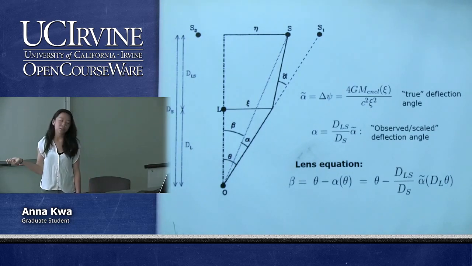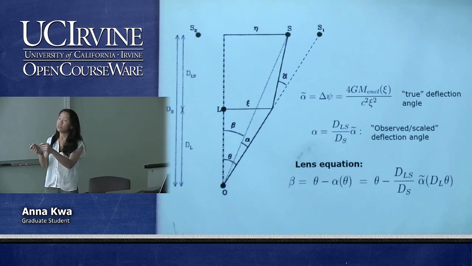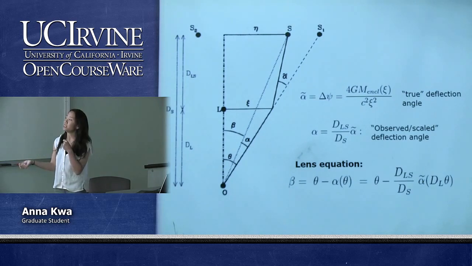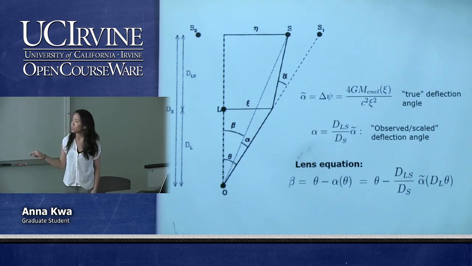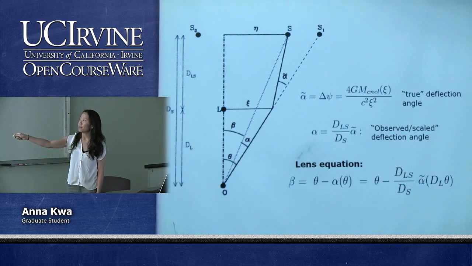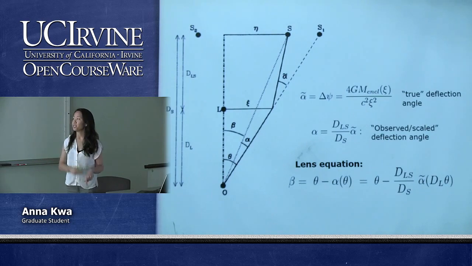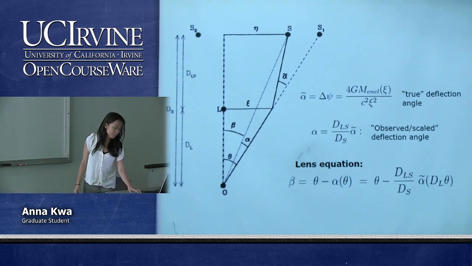And the lens equation relates the position of your source with relation to the lens to the deflection that you observe. So beta equals theta minus alpha is just from this diagram, and then you can also fill in alpha is equal to the distance between the lens and the source over the distance of the source times alpha tilde. And that's just from the small angle approximation.